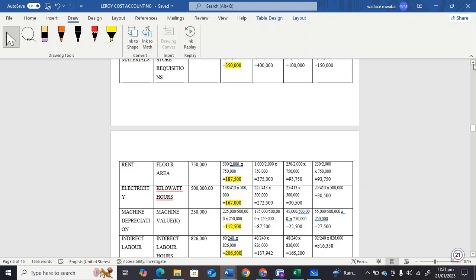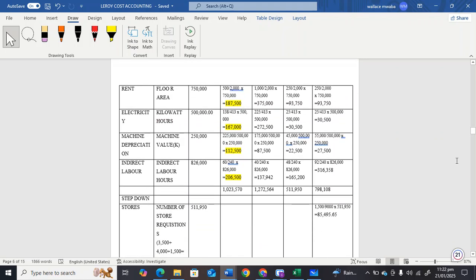Yes, what value are we getting? Let's see.